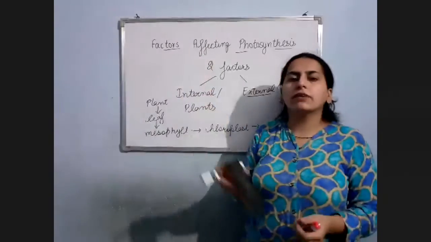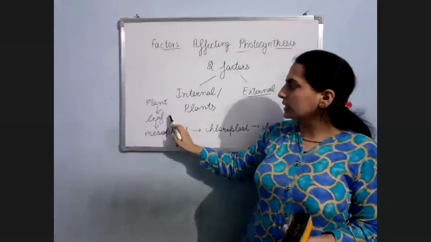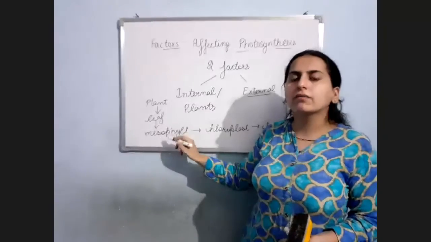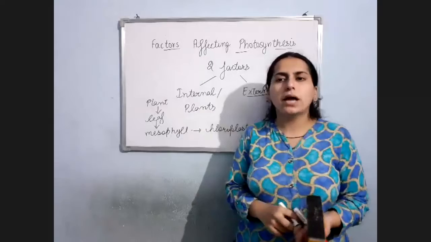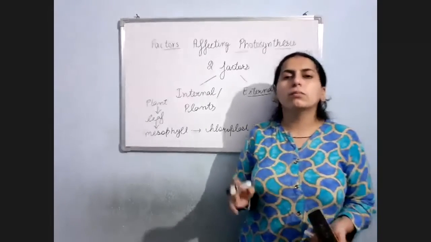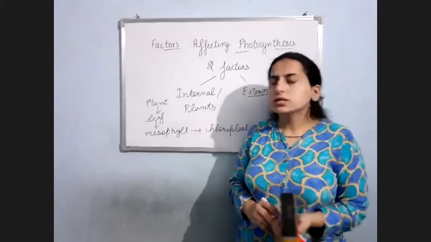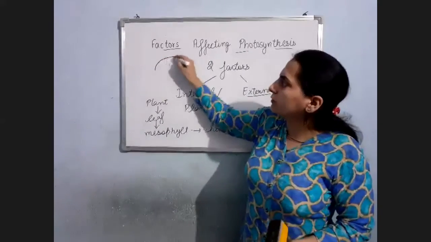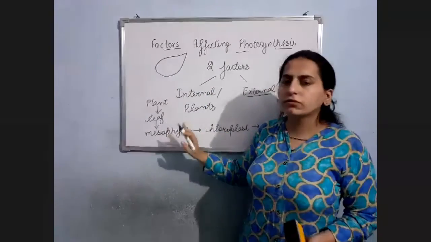Second internal factor is number of the chloroplast. As you can see, in the leaf we have mesophyll cells, and in the mesophyll cells we have chloroplast. And the number of chloroplasts present in a cell differs. Clear? Suppose here I have a leaf. In this leaf I have mesophyll cells.